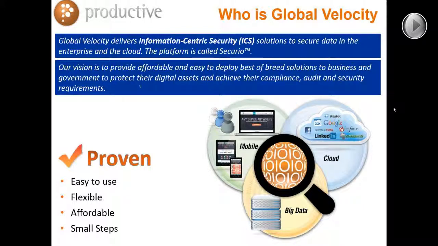With regard to flexibility, we offer flexible deployment options. You can acquire Securio to run on a server inside your environment, on a VMware, or we can run Securio up in the cloud, where we are at the IBM SoftLayer, AWS, and Rackspace.